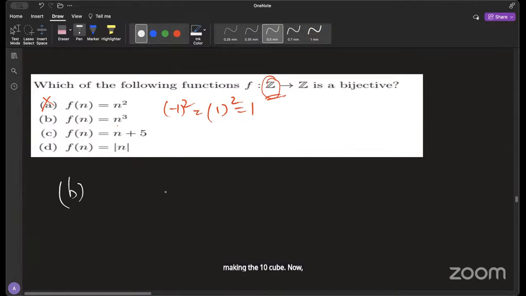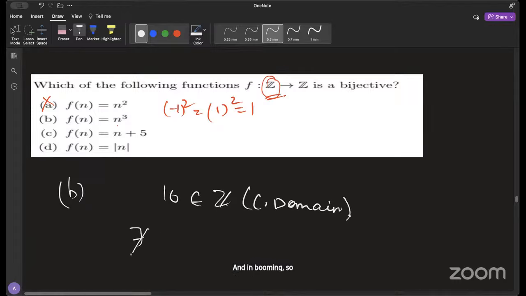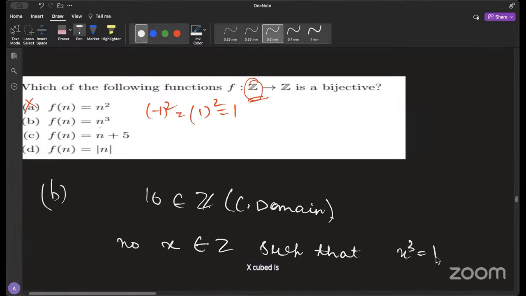Now let's take 10 belonging to the integers, which is the codomain. In the domain, there does not exist any x belonging to Z such that x cube equals 10. We don't have any real number, any natural number or any integer.